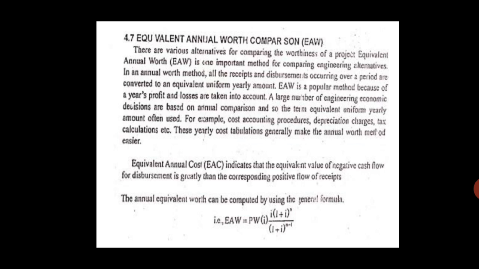A large number of engineering economic decisions are based on annual comparisons, and so the term equivalent uniform yearly amount is often used. For example, cost accounting procedures, depreciation charges, tax calculations, etc. Depreciation, just briefly: suppose you buy a bike paying 1 lakh rupees.